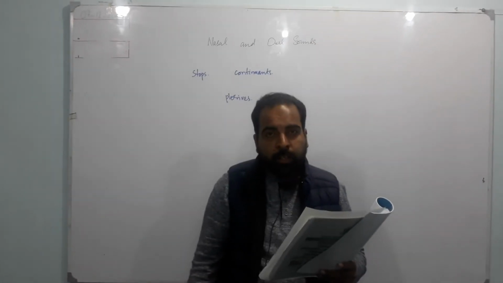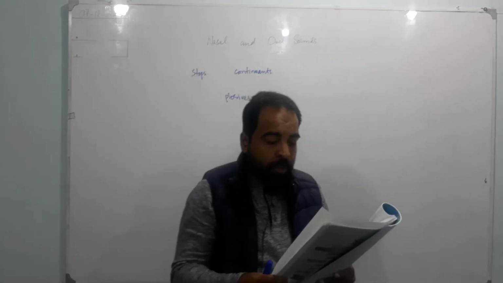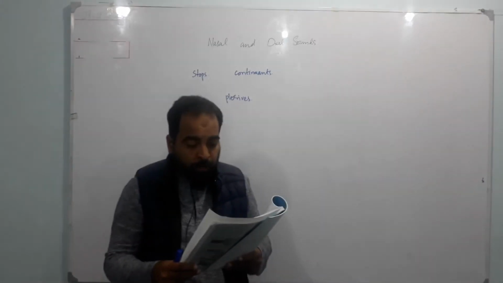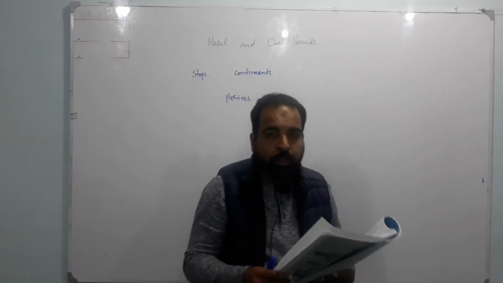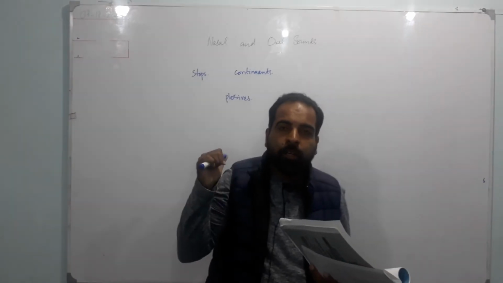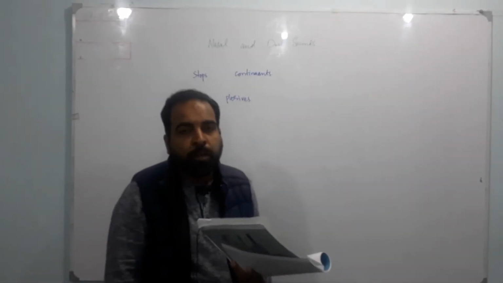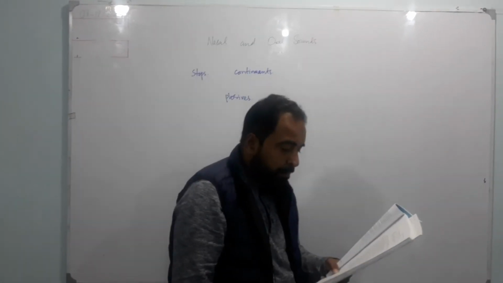When the closure is released. This explosion does not occur during the production of nasal stops because the air escapes continuously through the nose. तो जो nasal sounds हैं उनमें explosion नहीं होता, उनमें plosives नहीं होती.